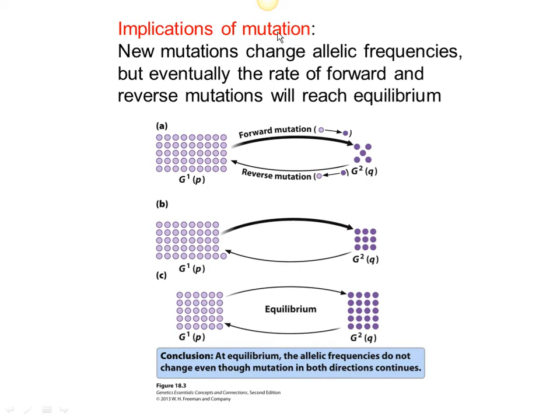So the implications of mutation. If you have a significant rate of new mutations, that can push a population out of equilibrium for a while. The reason is that new mutations create new alleles, so they change allele frequencies, but only for a certain period of time.